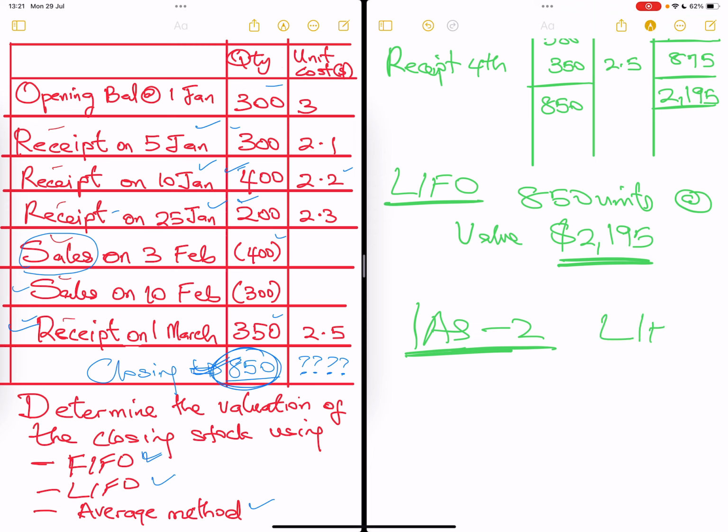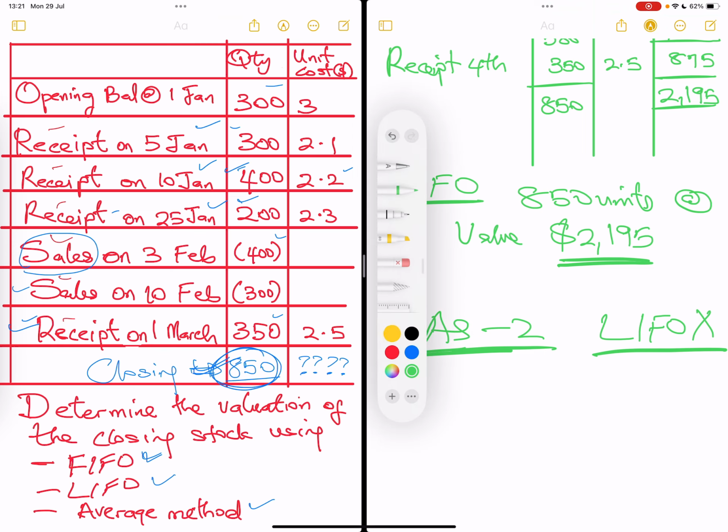Ladies and gentlemen, LIFO method is no more allowed by IAS 2, but you are still required to know how to calculate it. FIFO is allowed and weighted average method is allowed, but LIFO is not allowed in reporting. So you can't use this in reporting any longer, but you are still required to know how to do the calculation and you can be tested. So please take note of that, and that is LIFO.